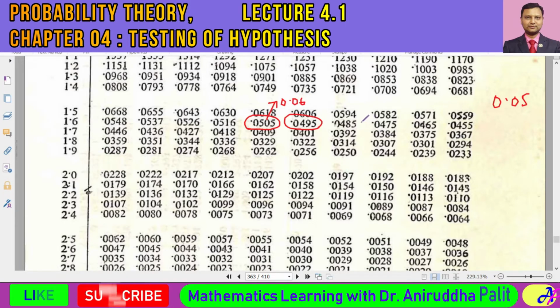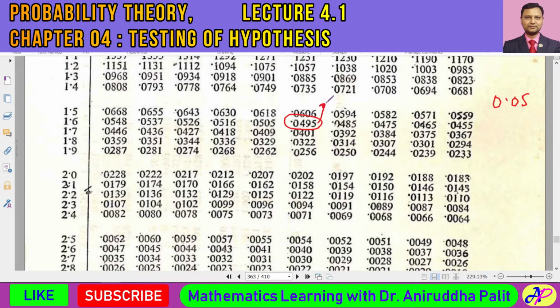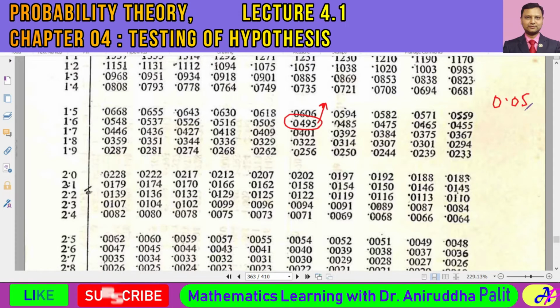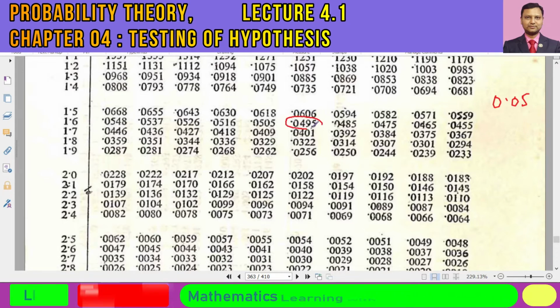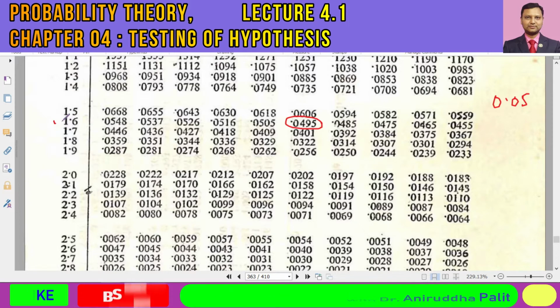So forget about this value. Rather consider this value, because when you round it off up to two decimal places, this value would be equal to 0.05. Now try to identify the corresponding row heading and this column heading, these two values.